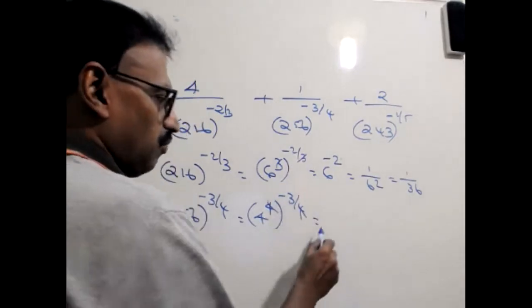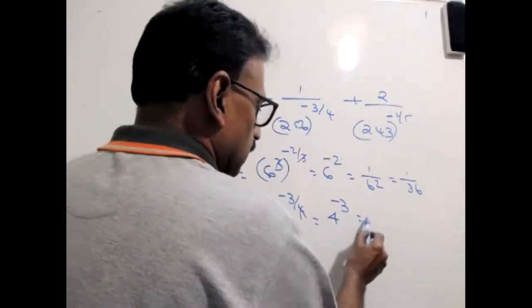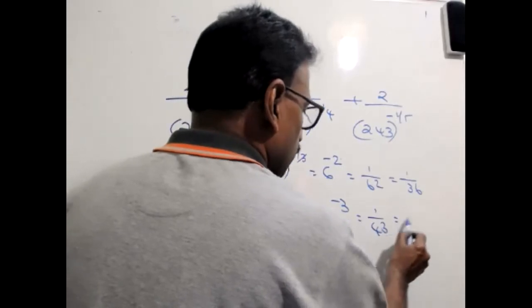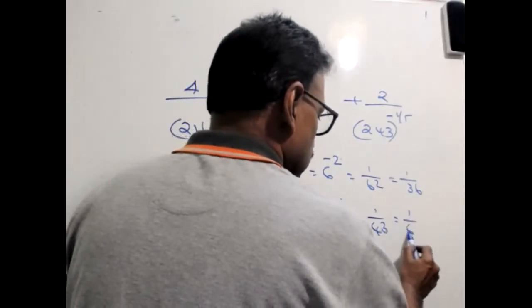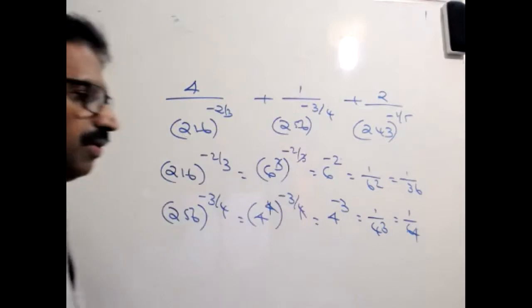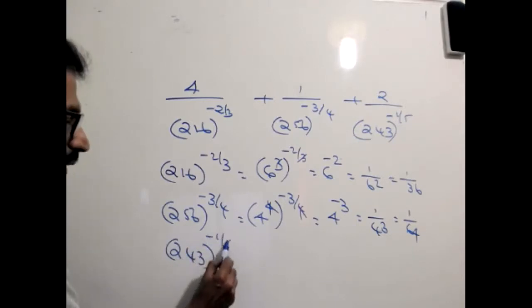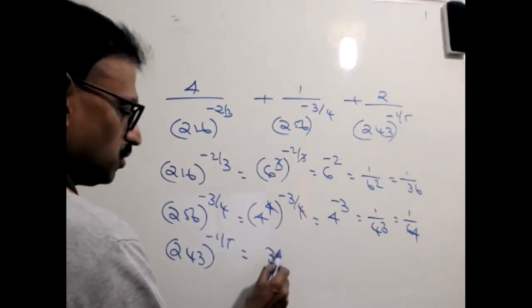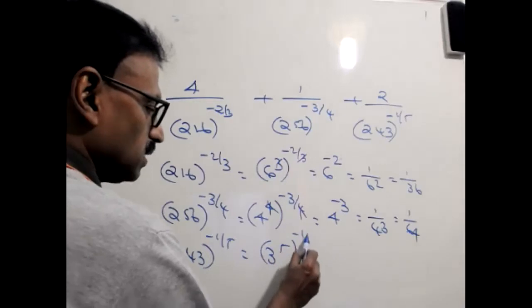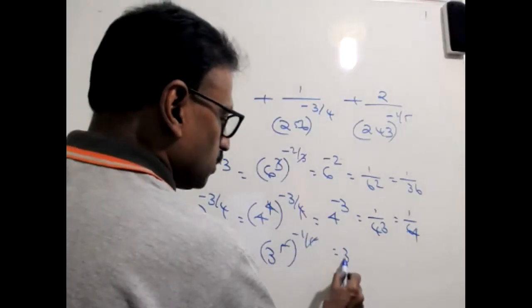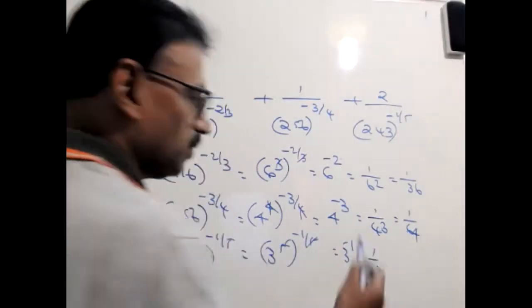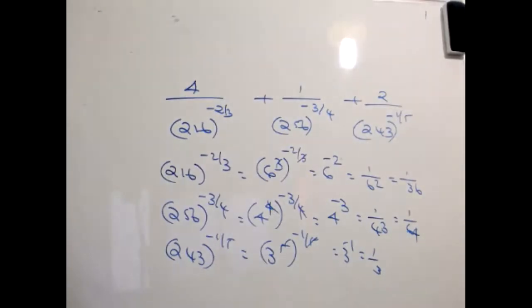Cancel. 4 raised to minus 3 equal to 1 by 4 cube equal to 1 by 64, right? Okay. 243 raised to minus 1 by 5 equal to 3 raised to 5 all raised to minus 1 by 5. 3 raised to minus 1 equal to 1 by 3. You all got this one at least.